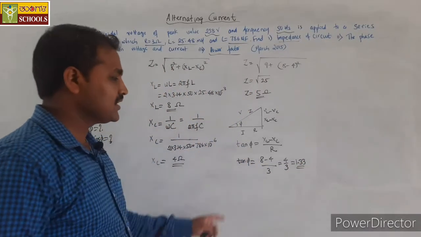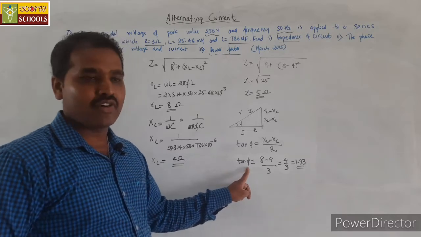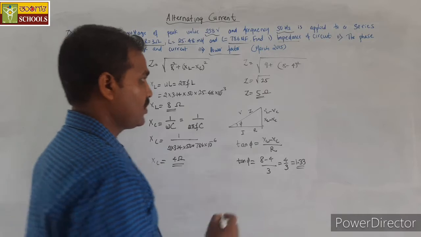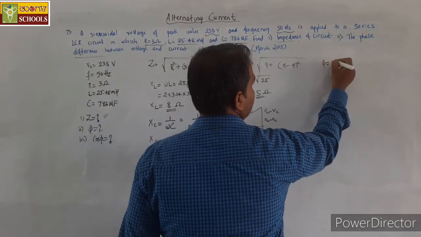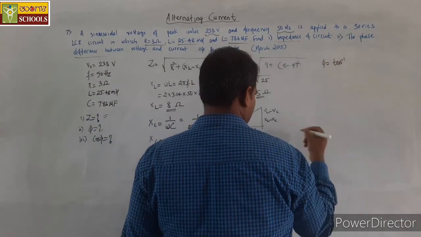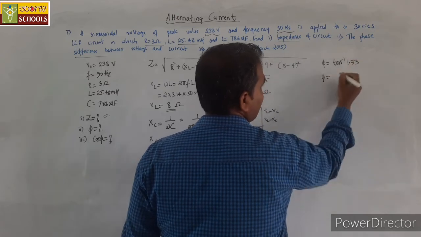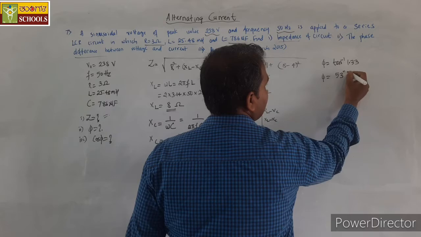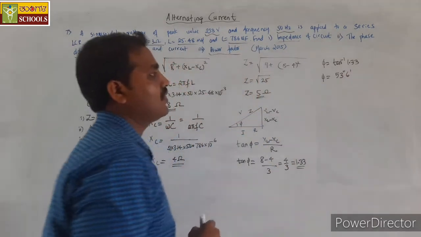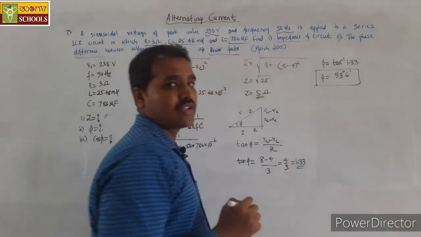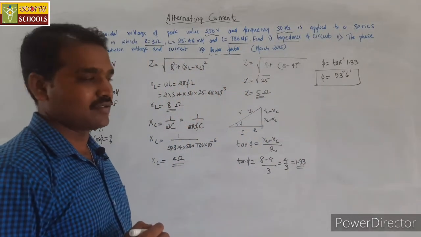Using the log table I can find the value of phi for which tan phi is 1.33. So phi is equal to tan inverse of 1.33, and I get phi equal to 53 degree 6 minutes. This is the value of phase angle difference between the voltage and the current in the given circuit.